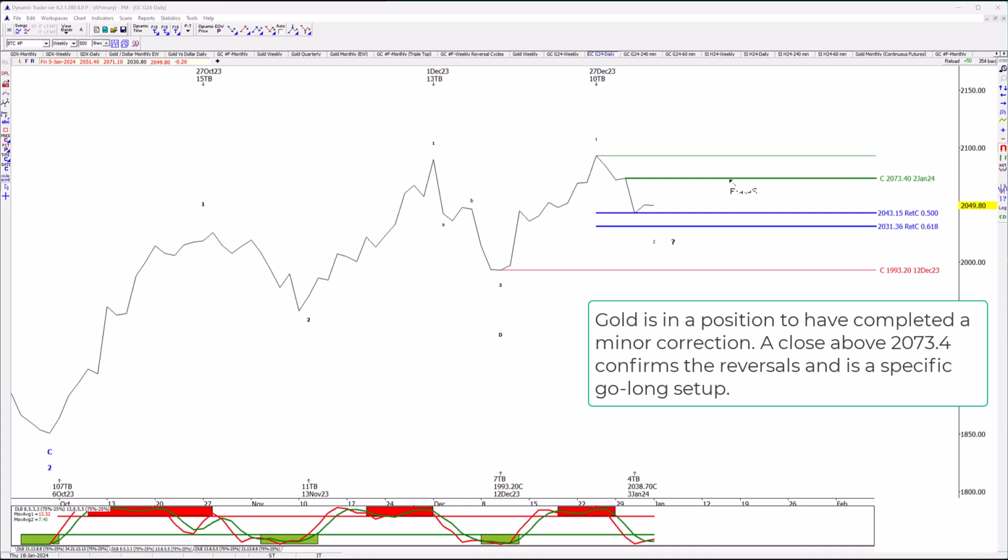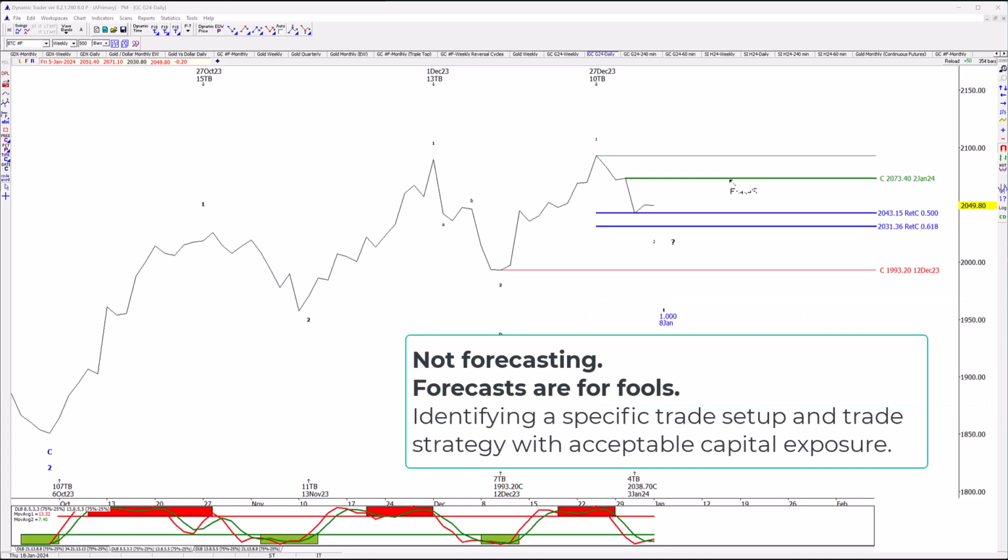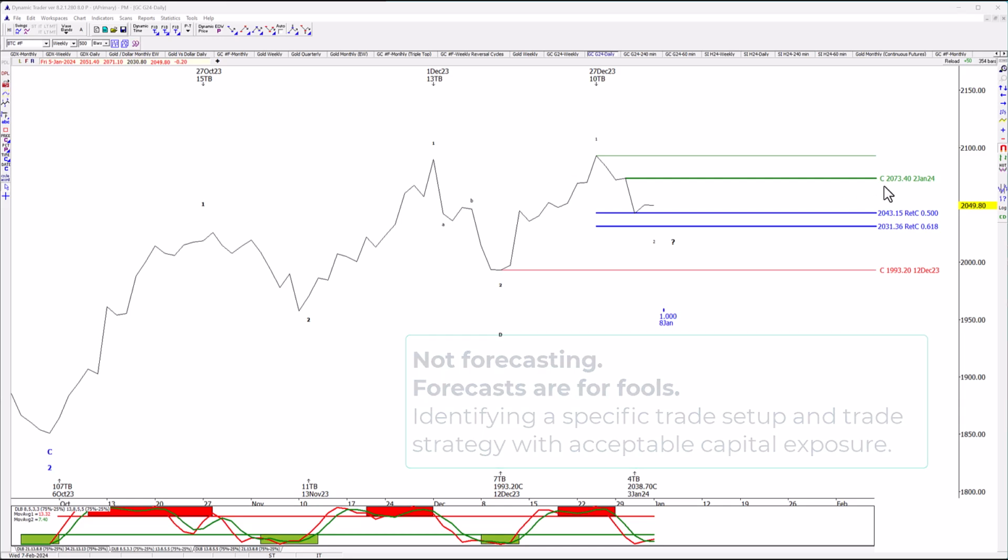That's why we look to enter the trade on a minor correction before a probable breakout. So we're not forecasting anything. We're just saying that as of the end of the day on Friday, gold was in a position to complete a minor correction, but we want to see a close above 2073.40 to confirm that, and that is the go long signal.